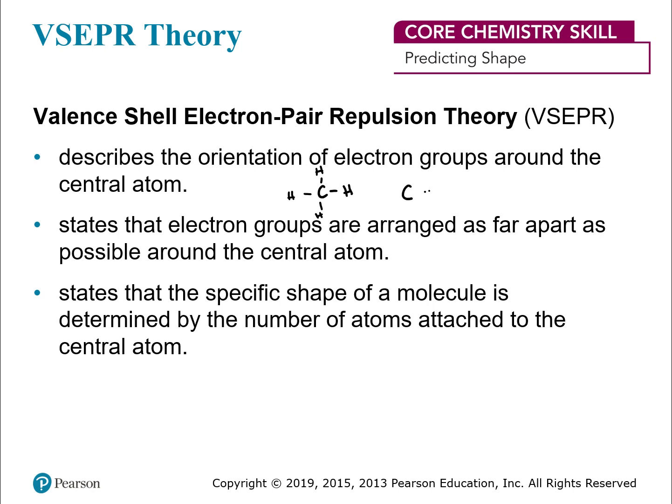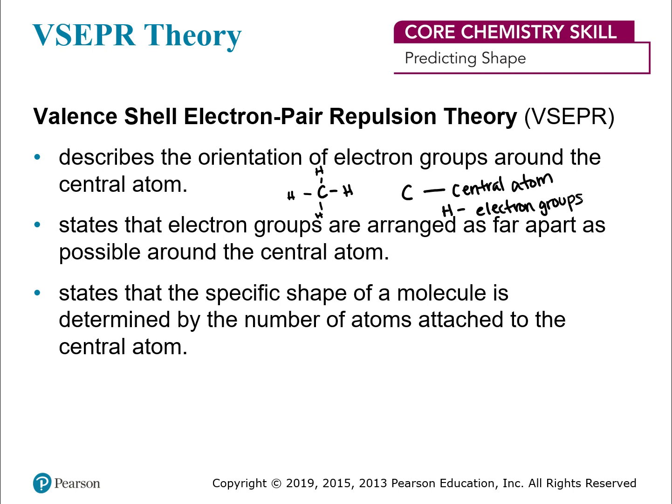That carbon is the central atom. All of the hydrogens are considered electron groups. So that's what the VSEPR theory describes, how these things are arranged in space.